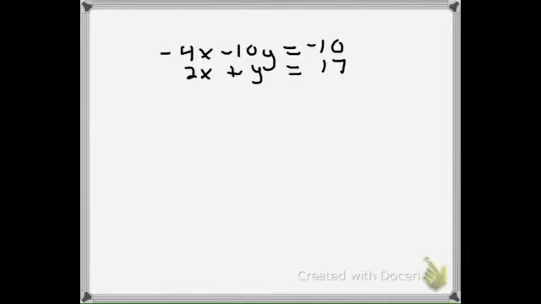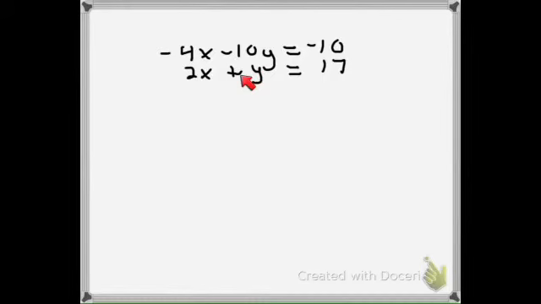Last one. So on this one I've got these two equations and neither one of them is in x equal or y equal form. And the one that would be easiest to rewrite would be this one, because it's already got the y by itself. Now it's not by itself on this side of the equal sign, but at least it doesn't have a coefficient in front of it.